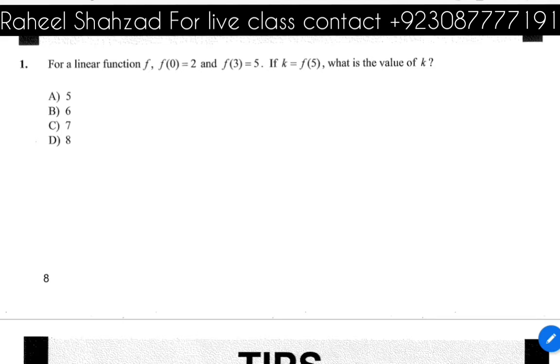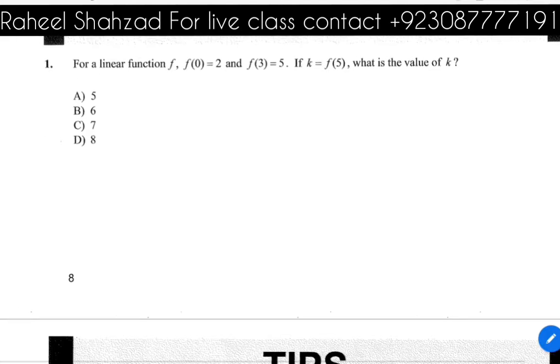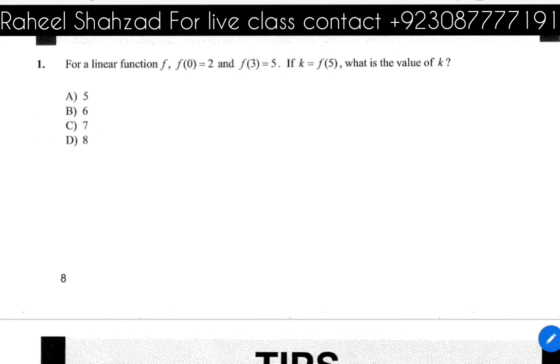Okay guys, let's start the first topic, and this is question number 1. It's given that for a linear function, f of 0 is 2, right? So f of 0 is 2. This is x, this is y, and f of 3 is 5.